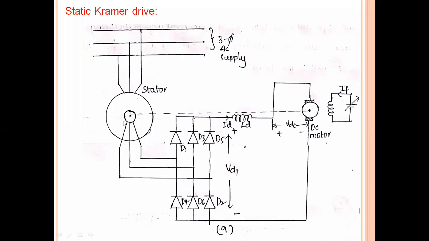Let us say the induction motor is running at 1300 RPM, but according to the input power it has to run at 1400 RPM. That 100 RPM is lost due to the air gap power or slip power, or because of the inertia of the rotor.